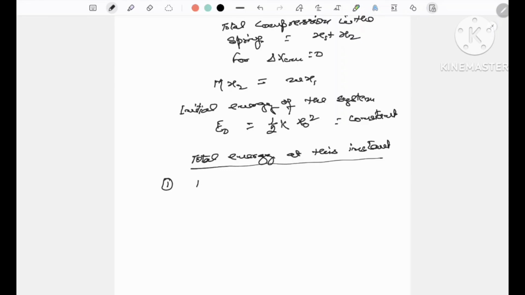Number 1, the potential energy stored in the spring is half k (x1 plus x2) square.